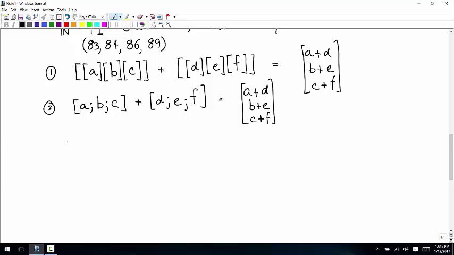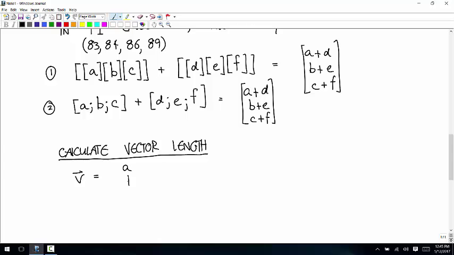Then another thing that we're often going to want to do is calculate the length of vectors. So if your vector is A, B, C, then the length of that vector, we'll write it like an absolute value.